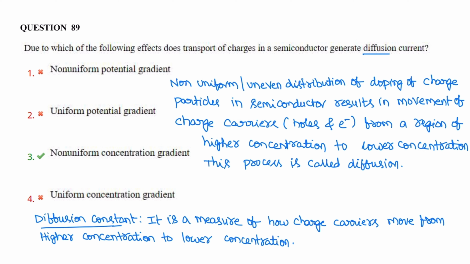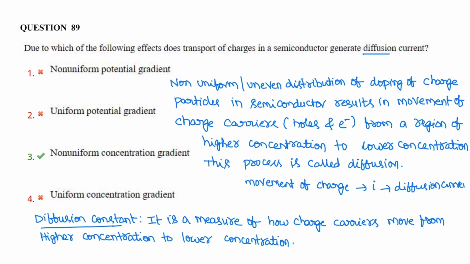When charge carriers move from one place to another, this movement of charge carriers contributes to a current. Movement of charge is nothing but current. So charge carriers moving in a particular area constitute a current. Current per unit area, that current is diffusion current.